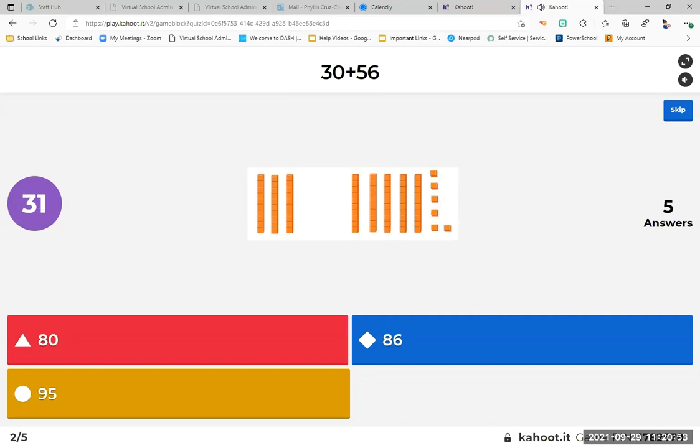All you have to do is count your tens and your baby ones all together. 1, 2, 3, 4, 5, 6, 7, 8 tall tens and 1, 2, 3, 4, 5, 6 baby ones. Which one matches all those tens that are added together and the baby ones?